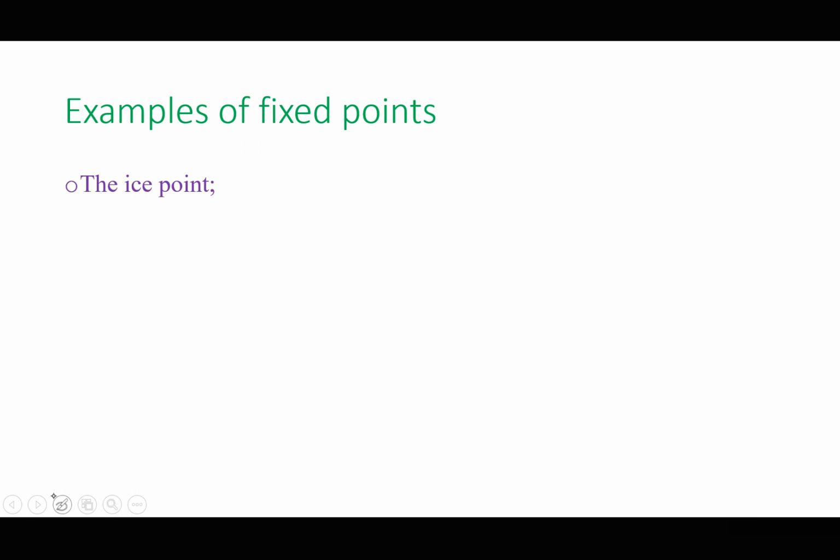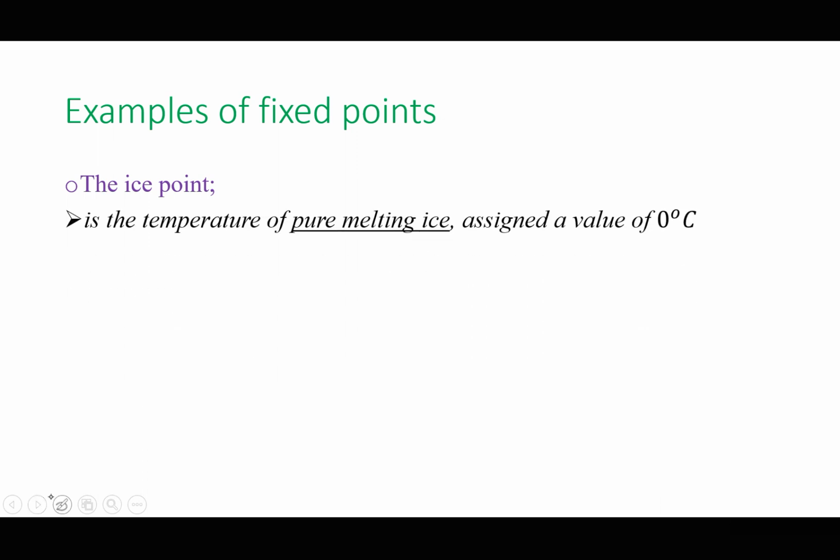The temperature of pure melting ice is what you call the ice point, and it is assigned 0 degrees Celsius. By the way, ice with impurities may melt at a temperature slightly less than 0 degrees Celsius.